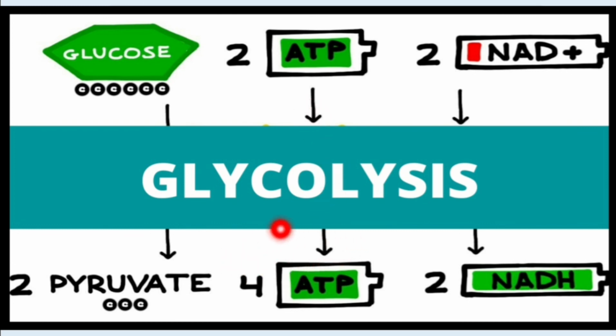Also we used 2 NAD positive, and what you gain is 2 NADH. This molecule will be sent to the electron transport chain, and we will talk about it later.